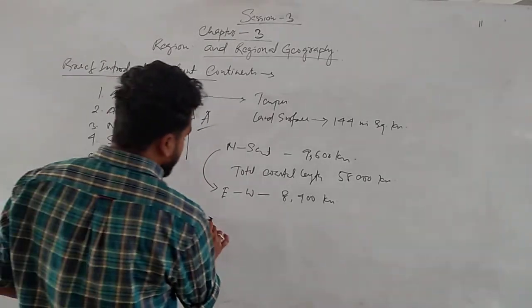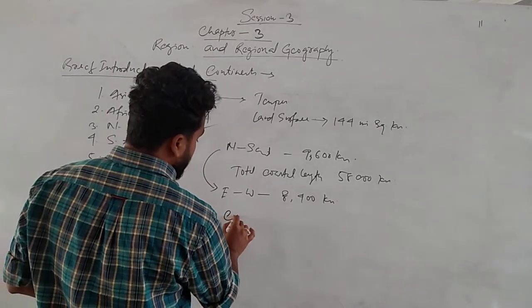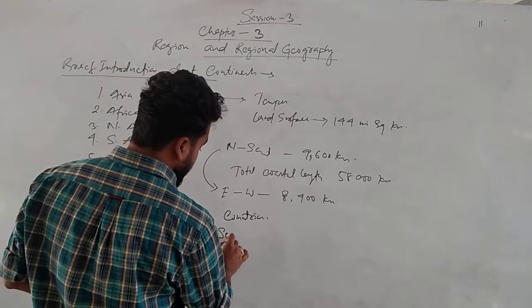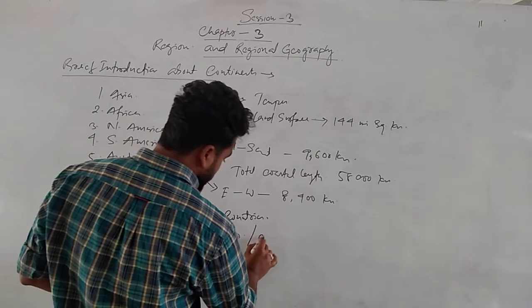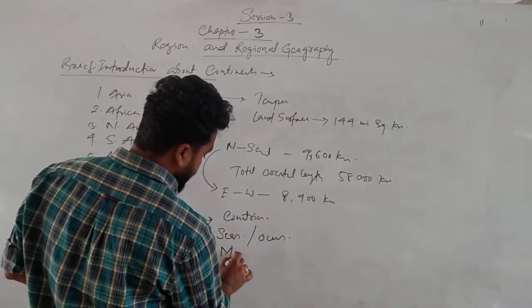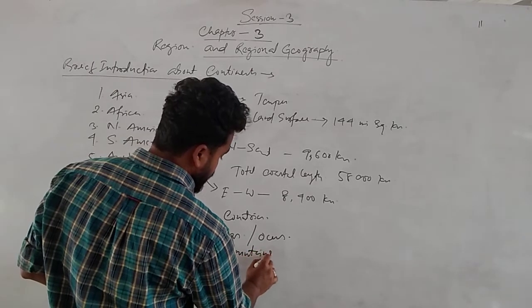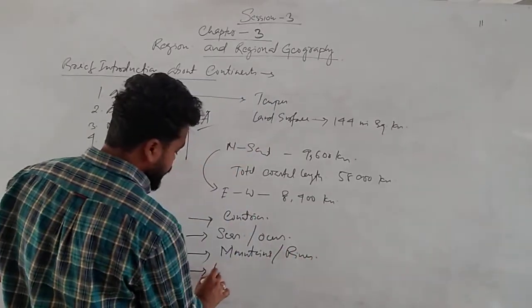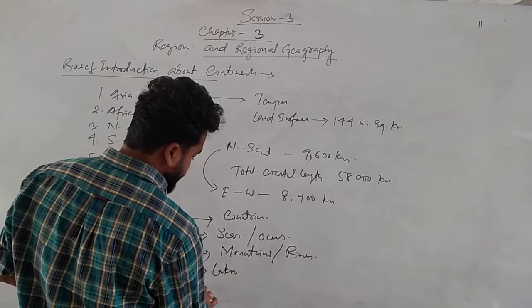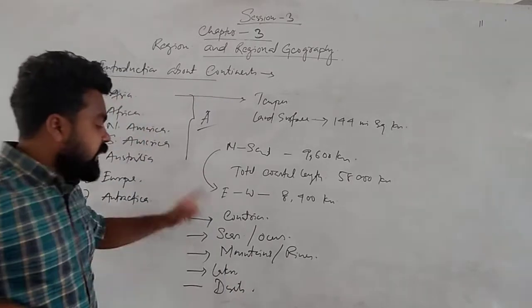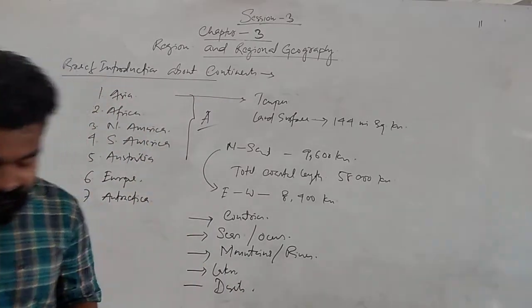Now we'll see on the map the different countries, seas, oceans, mountains, rivers, lakes and deserts.